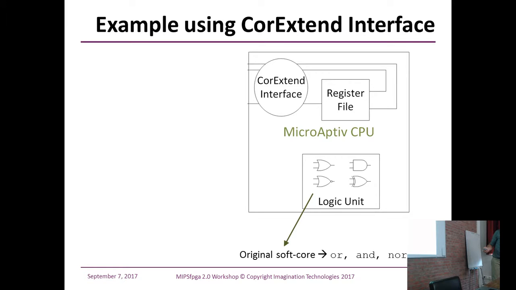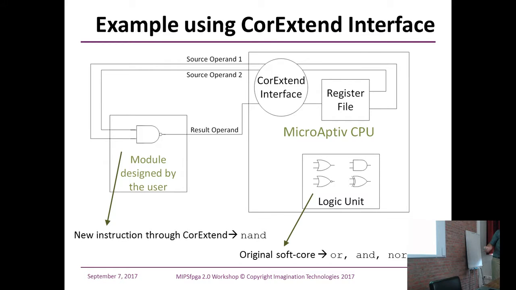So what we would do, we would add a NAND gate outside the CPU that receives the two registers and writes the result back through the core extend interface. That result will be written to the register file. Okay, that's what this interface allows us to do.